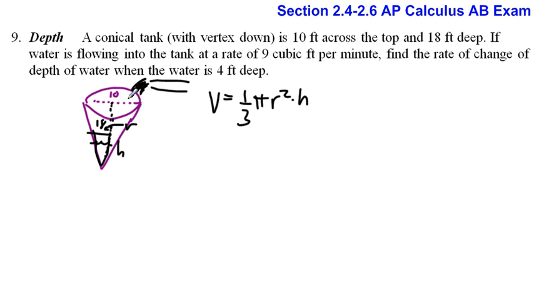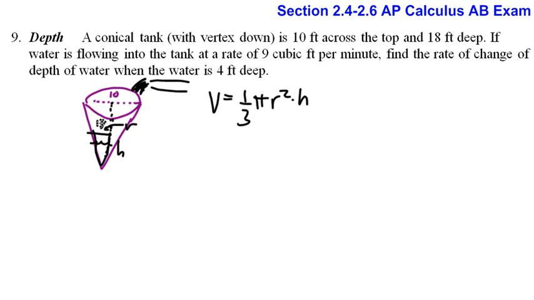As you can see, if I have two triangles, I have my 10 over 18 and my R and my H. I can create a proportion, and that will help us because I need to get rid of one of my variables. If I can write R in terms of H, that's going to help us out. So watch this.